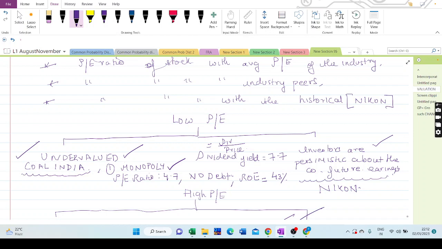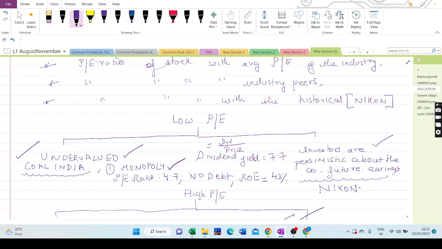Dividend yield basically tells you the dividend that an investor receives for every dollar that he has invested in the company. So for every rupee that you invest in Coal India, you get approximately 8 paisa in dividend. That is, for every dollar you invest in this company, you get 8 cents in dividend.